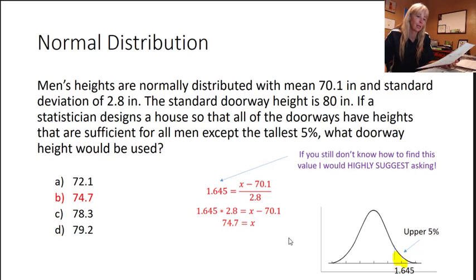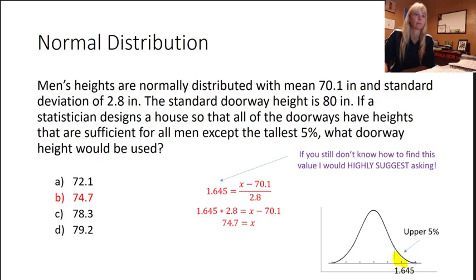I find 0.9495 and 0.9505. They're the same distance, so we average the two Z values. We take 1.64 plus 1.65, and that's where that number comes from. I want to know what the cutoff is, so I solve for X. It's still the same mean and standard deviation, and I solve this for X to get my answer.